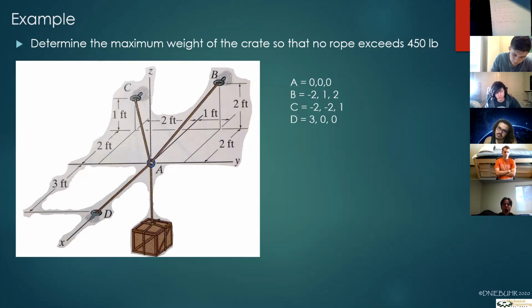And so therefore FBA equals 2 times FCA. So basically those two are the same.